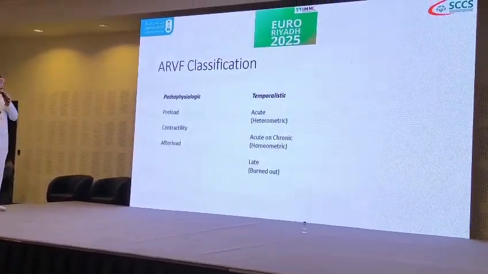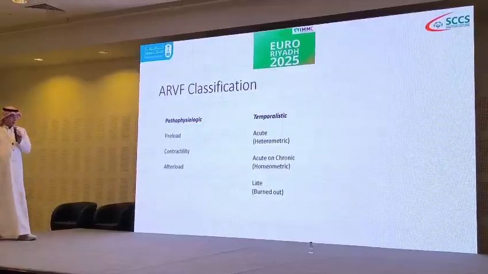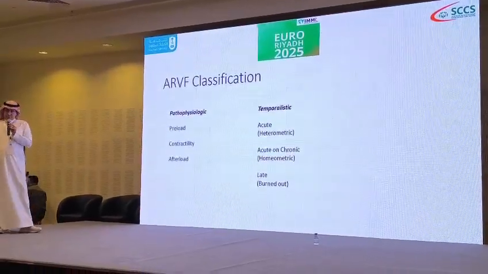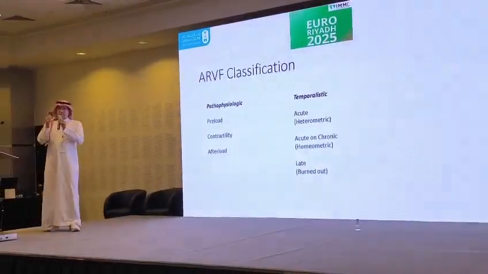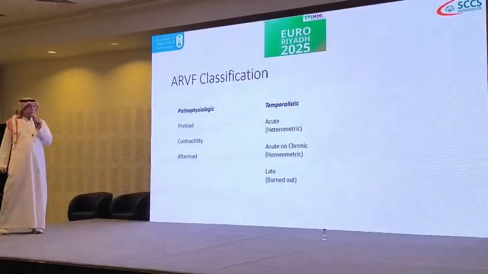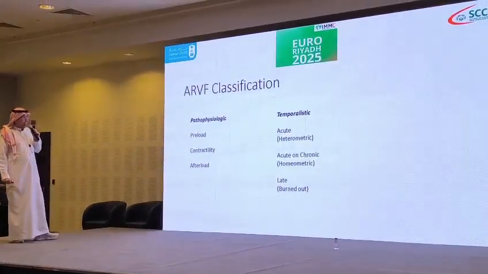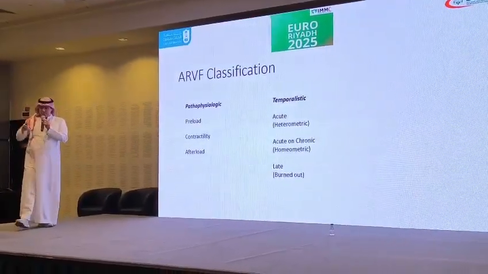Two is the temporalistic approach: is this an acute RV, or an acute and chronic homeometric RV, or a late burned-out RV? An acute RV will respond just by dilating, just a change in the dimensions, while an acute and chronic RV will respond by hypertrophying and eventually by changes in geometry.